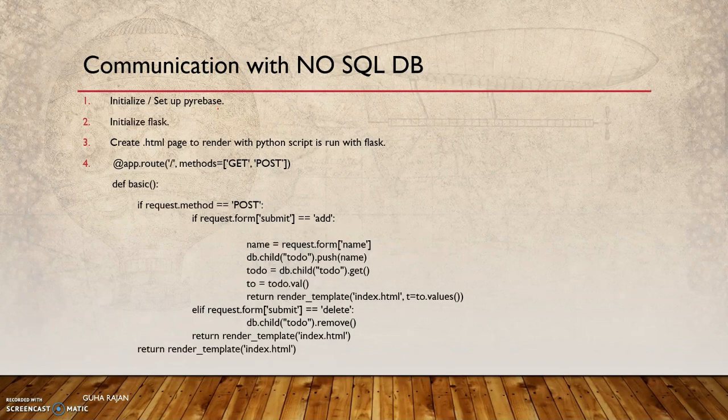And then we need to initialize Flask also, that is the Flask class we'll be importing into the program. And one more step is that we have to create an HTML page to render it.